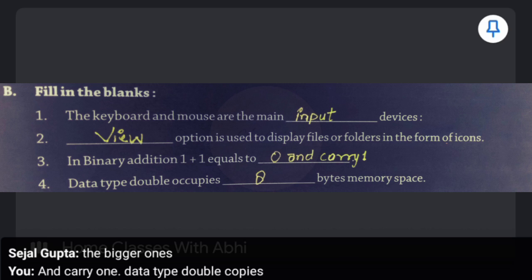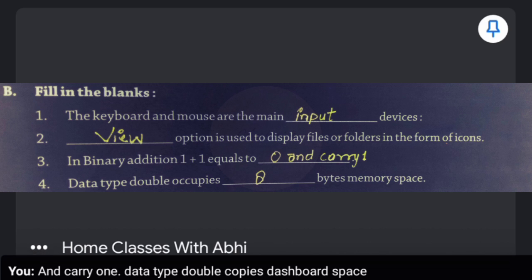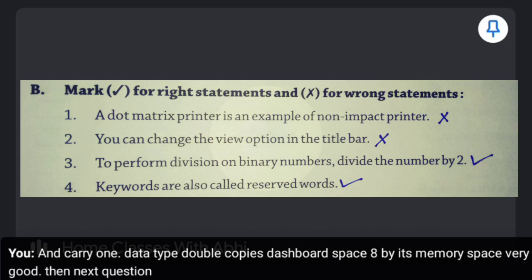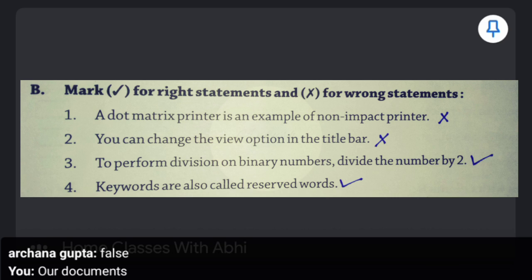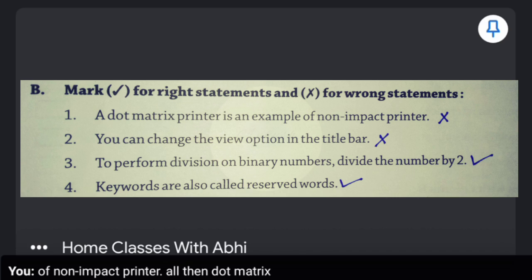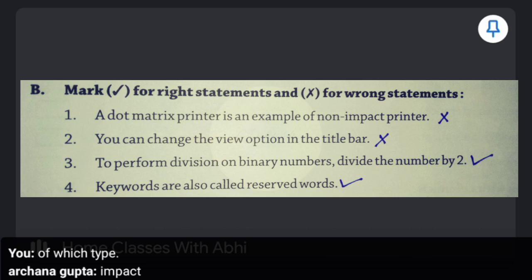Then next question, mark tick for the right statements and cross for wrong statements. A dot matrix printer is an example of non-impact printer. False. Then dot matrix printer is an example of which type? Impact printers. Very good.